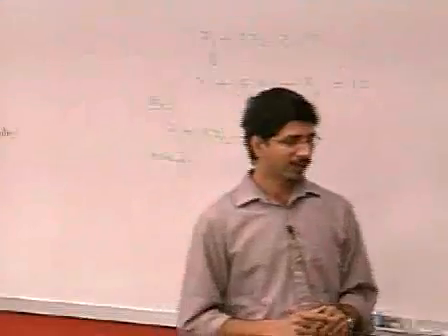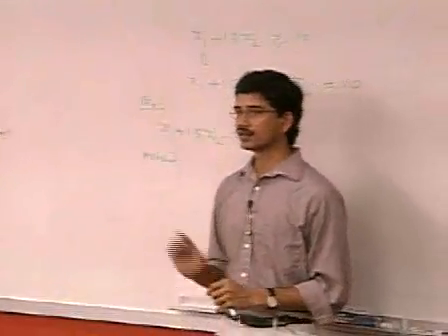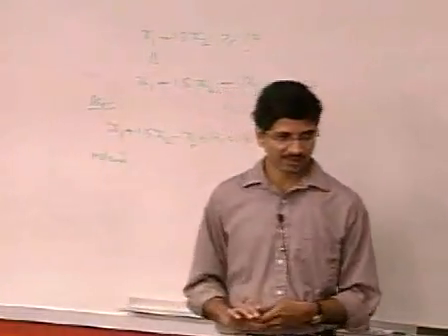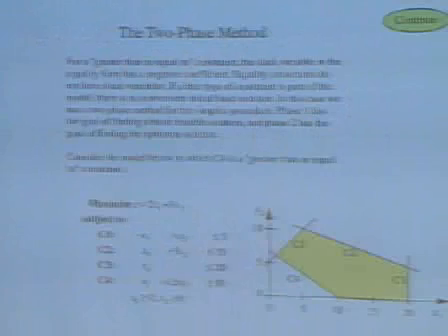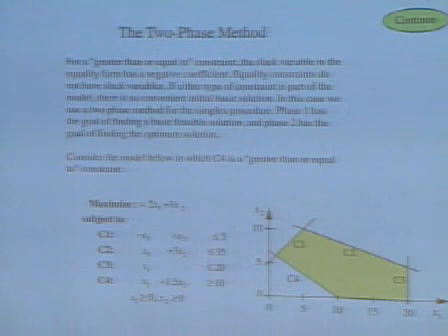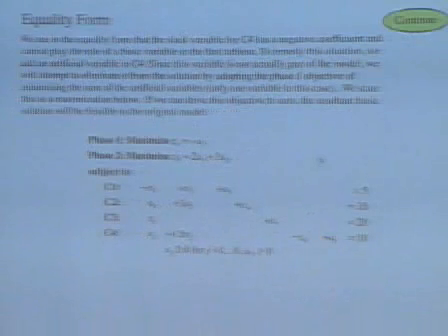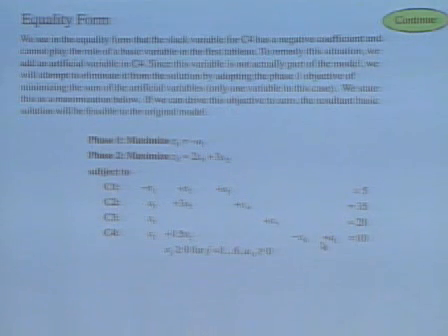Okay. Now, there is another way of initializing the simplex method, which is the following. So let me go back to the original problem. I could say, I'm going to still add this artificial variable, but instead of doing 2 phases, I'm going to do the following.